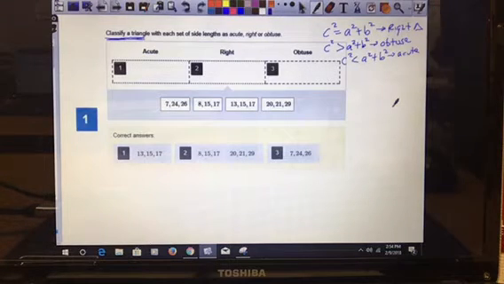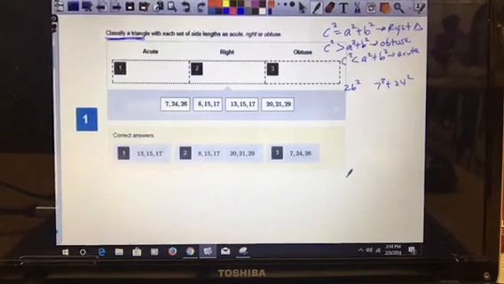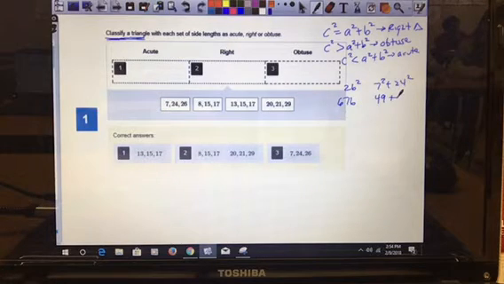So they gave you 4 triangles. You would take the first one; your a and your b are always the smaller 2 numbers, and c is your biggest number. So you would do 26 squared, and compare it to 7 squared plus 24 squared. 26 squared is 676. 7 squared is 49, and 24 squared is 576.